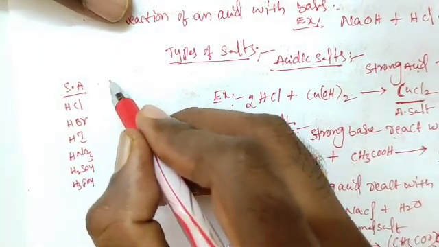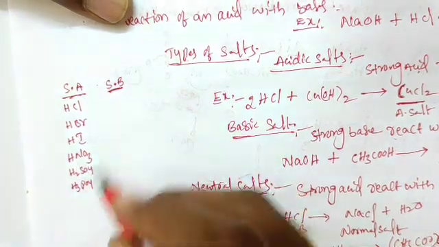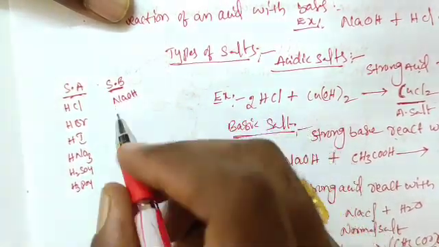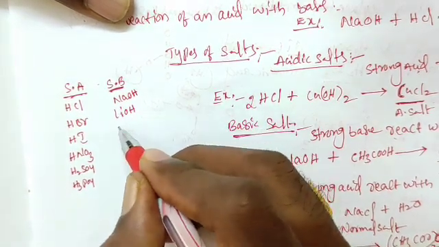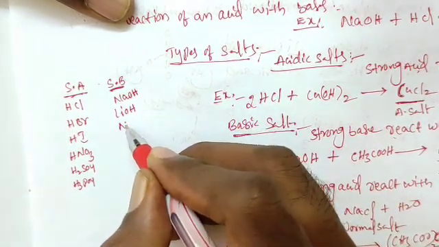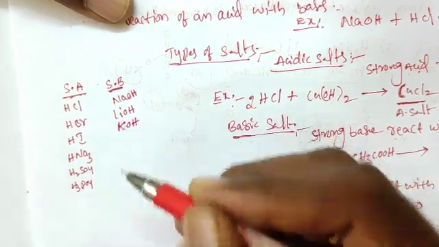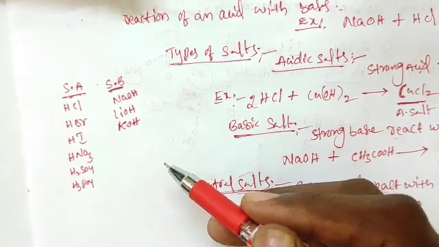Now strong bases: NaOH, LiOH, and KOH, potassium hydroxide. These are the most strong bases.